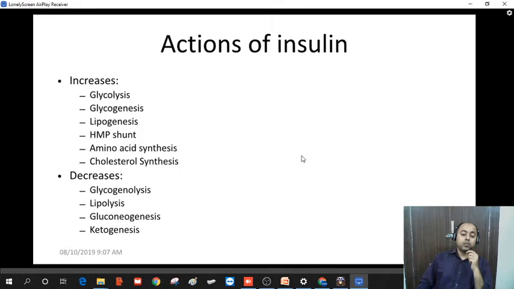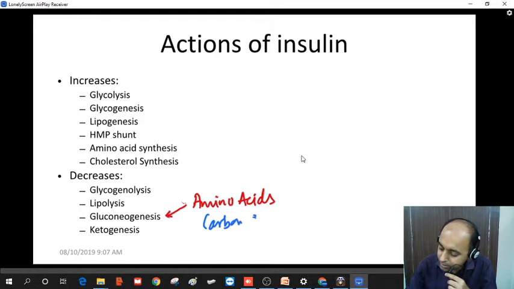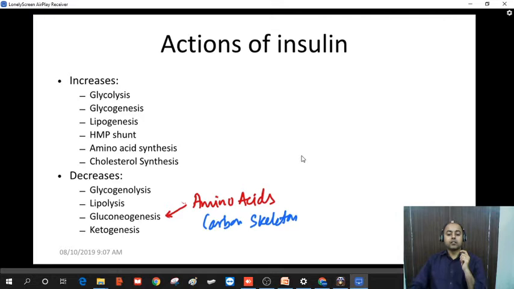Now, one important thing to keep in mind here, the main fuel for gluconeogenesis, if you recall, are the amino acids. And when we are doing the gluconeogenesis, we are making use of the carbon skeleton, right? What happens to the amino group of the amino acid?